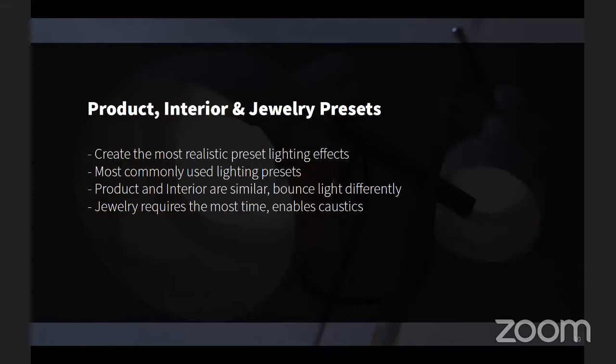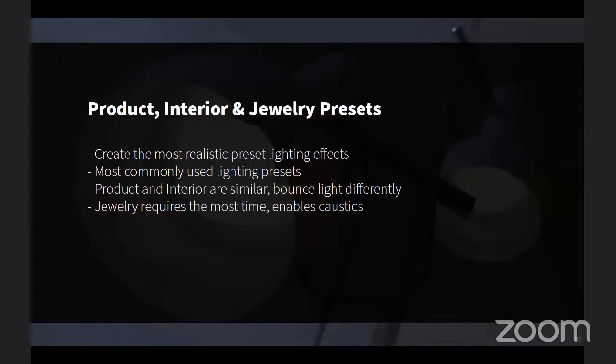All right, the following 3 presets are product, interior, and jewelry, which will generally be your most used presets when you're trying to create renders that are as realistic as possible. Each will add an increased amount of ray bounces and toggle additional settings that increase the realism of your renders. Something to note between product mode and interior mode is the way light is bounced around the environment.